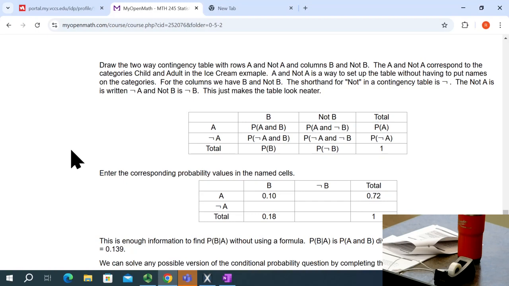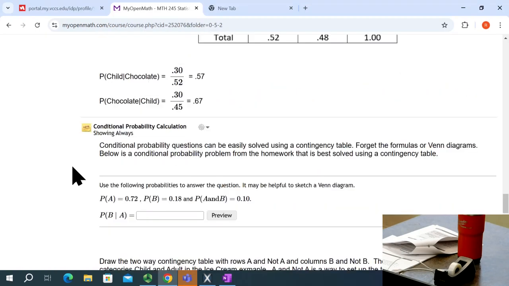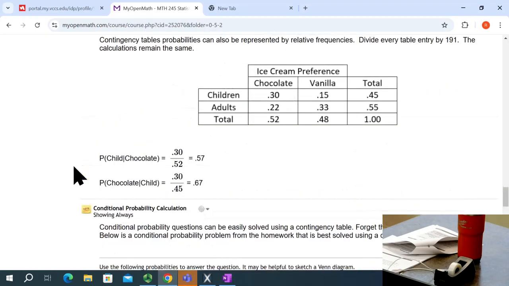So probability of B and A is here. Just like the probability of a child and chocolate. So the A and the B are generic versions of something real.